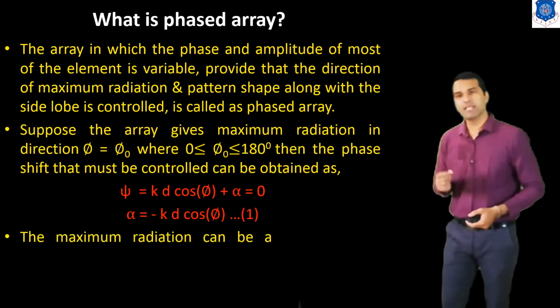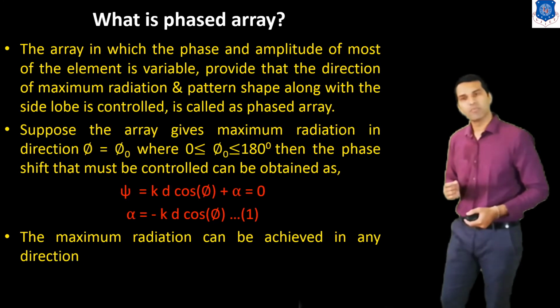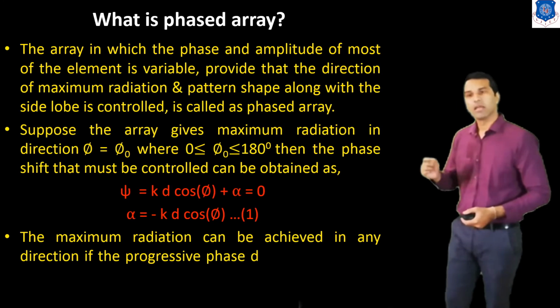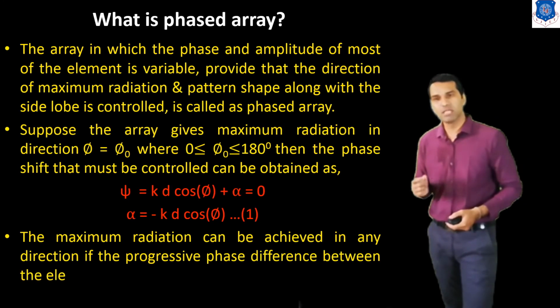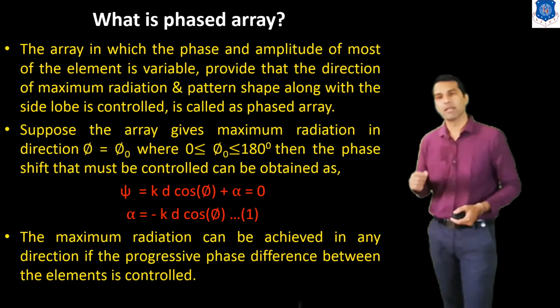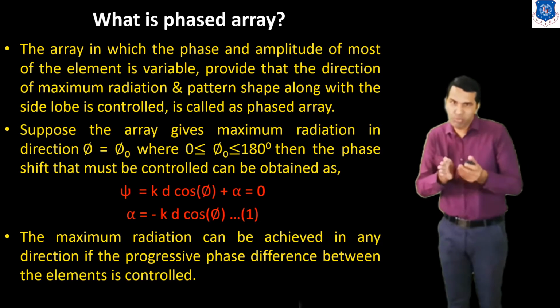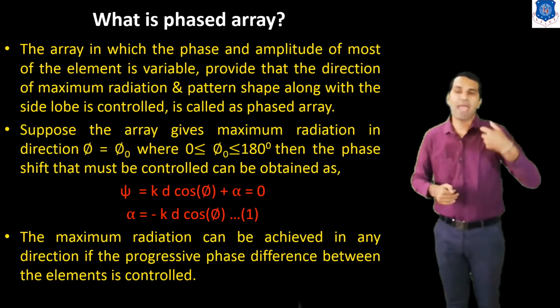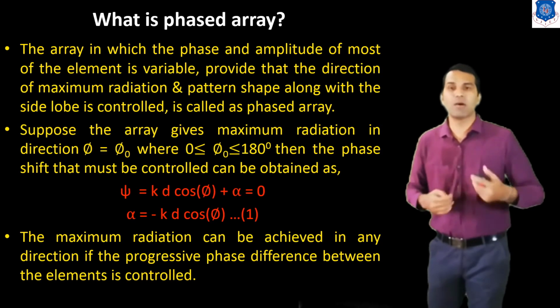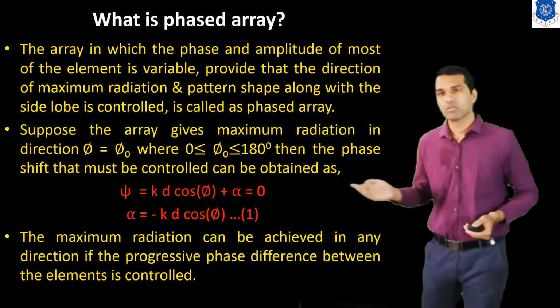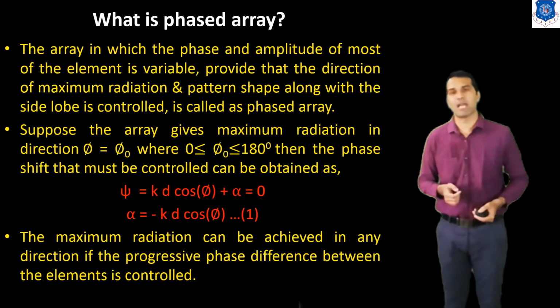The maximum radiation can be achieved in any direction if the progressive phase difference between the elements is controlled. That means when we control the progressive phase shift, we can achieve the maximum radiation in our desired direction. So this concept is used in the phase array antenna.